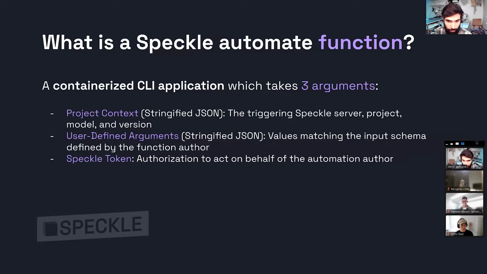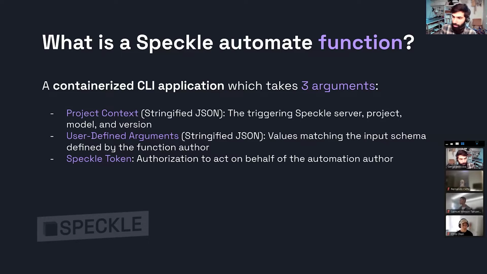So the first thing that a function needs to receive or support is the project context, which is a JSON blob that contains all the variables that allow it to bind into the context of the Speckle model, project, version, and all of those relevant identifiers. So this gives the function a sense of the data it needs to operate with.